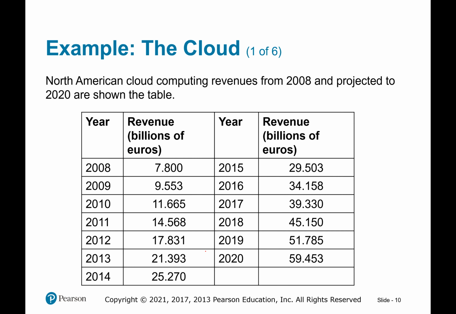So after 2000 would be 8, 9, 10, 11, 12, 13, 14, 15, 16, 17, 18, 19, 20, is that good? And then put the revenue in a second list.